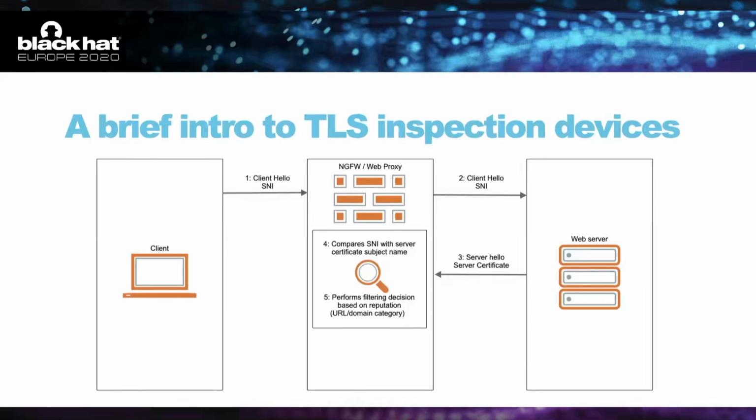And it also validates if the certificate is trusted or not based on its internal trust store. It then, in step five, performs a filtering decision based on comparing the content of the SNI to a reputation database of domains and URLs.